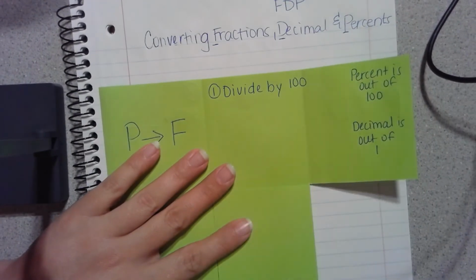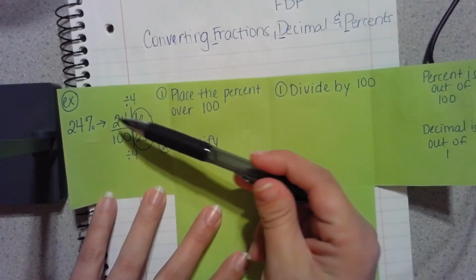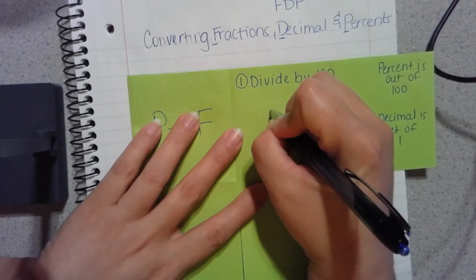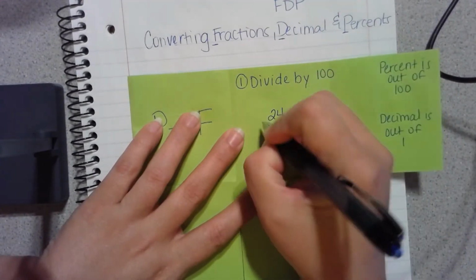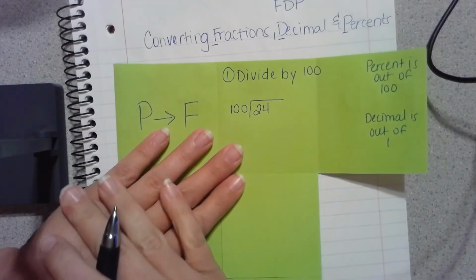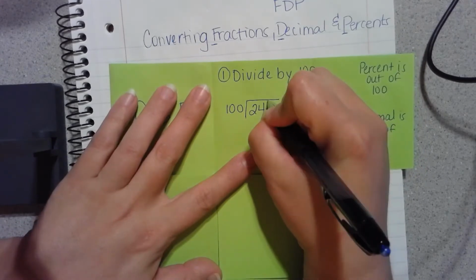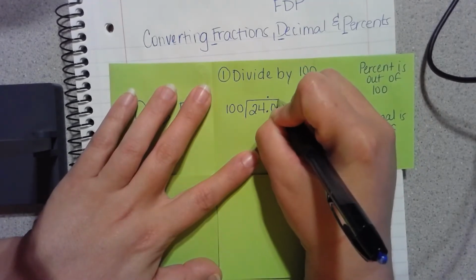Okay? So we're going to take the same one we just did, 24%. I'm going to do 24, and I'm going to divide it by 100. Well, 100 can't go into 24, so I'm going to add a decimal and 2 zeros.